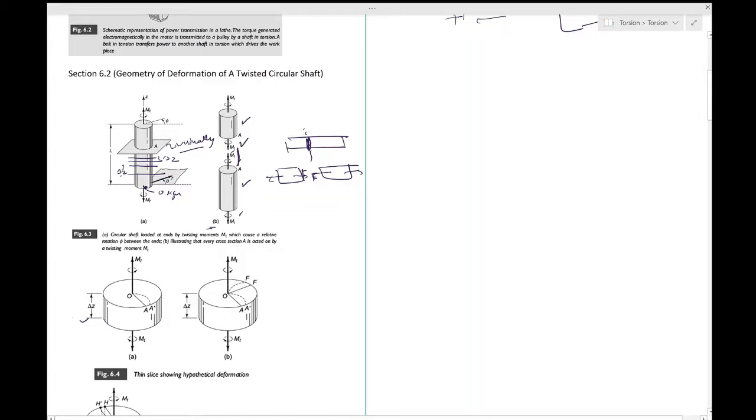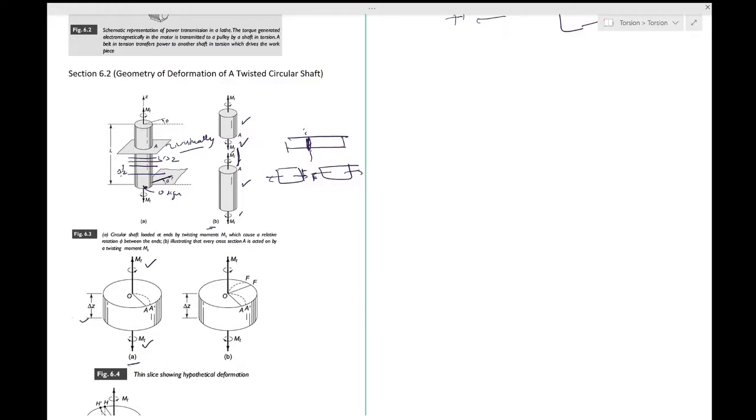So this will always be MT in this direction, this will always be MT in this direction, and any change which happens in the deformation for this originally undeformed piece of the shaft, the pattern of deformation will not change. In the sense, the value may change, but the sense and the patterns will remain the same, and we'll see that slightly in more detail.